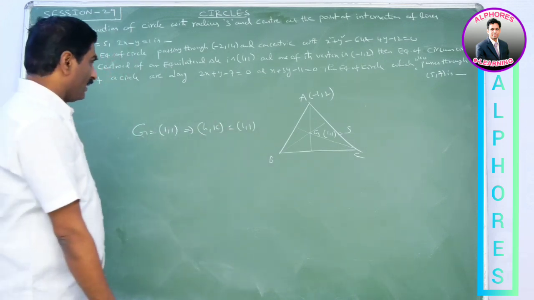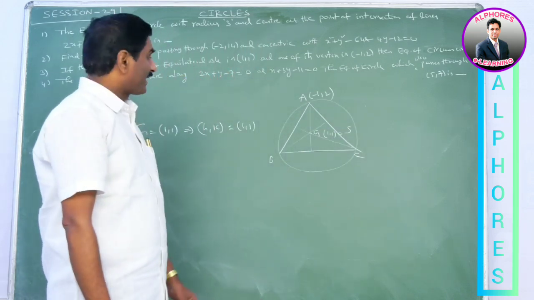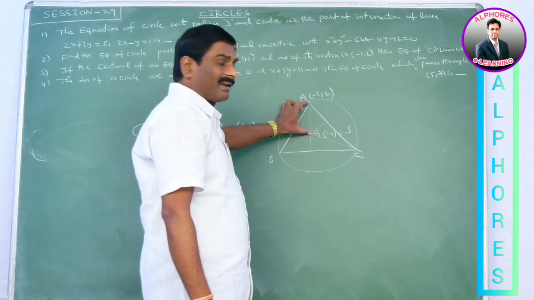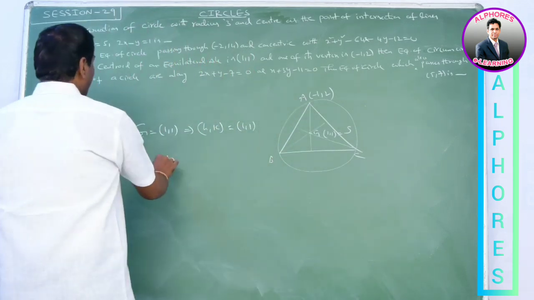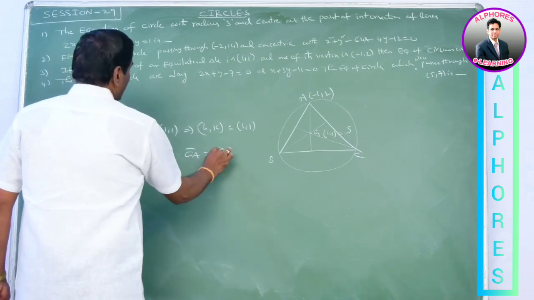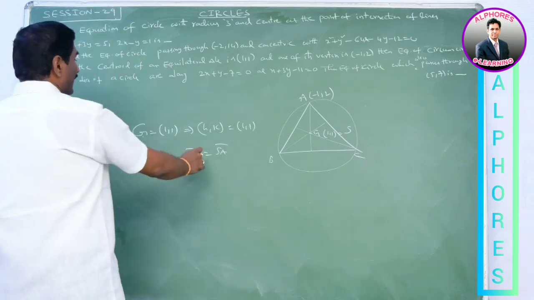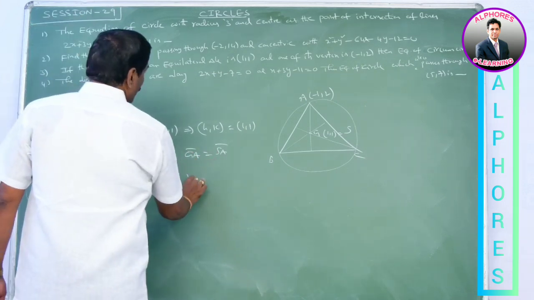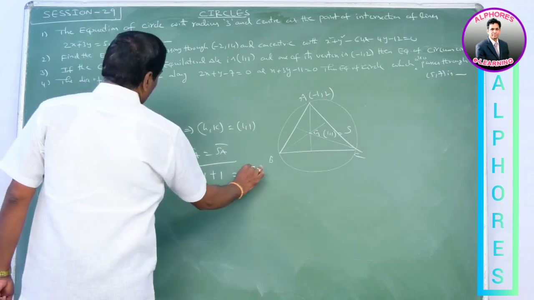The circumcircle always passes through the vertices A, B, C. Here the radius is nothing but GA. Radius of the circle R = GA, the distance between G and A, which is the square root of (1 + 1)² + (1 - 2)², that is 4 + 1, equal to root 5.